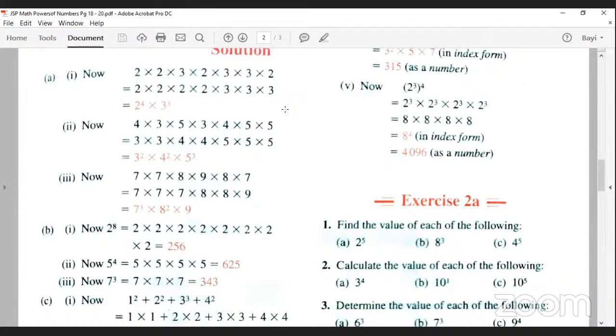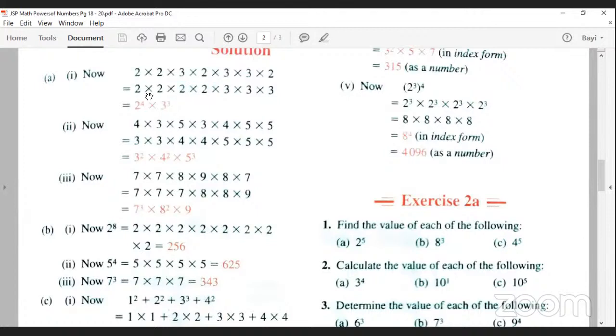Now the next thing is that whenever you're multiplying numbers with a power of 1, so the base of the number is the same. Remember, the base is the actual number itself. If you're multiplying numbers which are the same, for example, right here we're seeing the 2. We're multiplying 2 times 2 times 2 times 2. All the 2's, they're the same value, right?